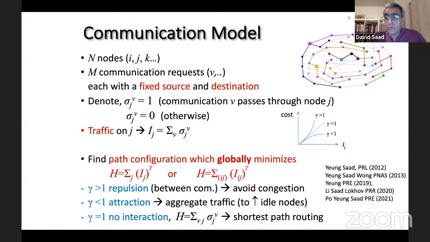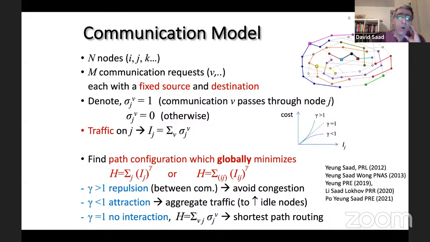But what I'm going to talk to you today about is a very specific type of routing, which is either node disjoint, edge disjoint, or wavelength switching, which adds another constraint.